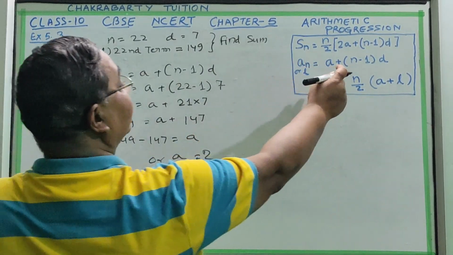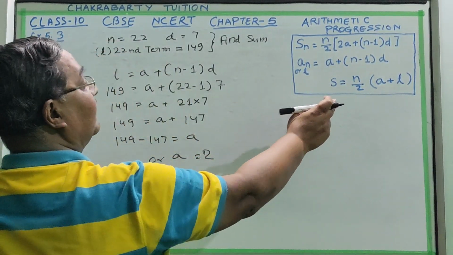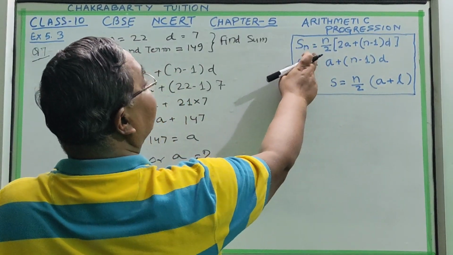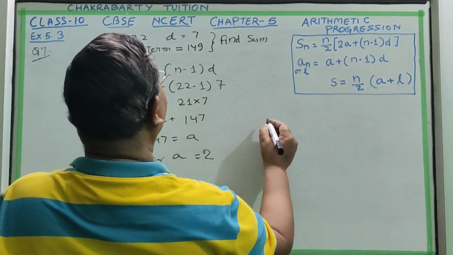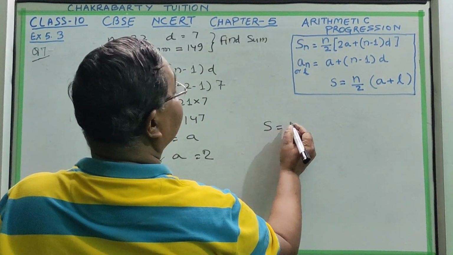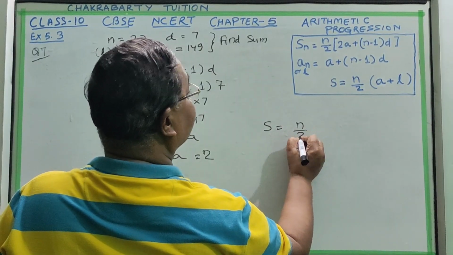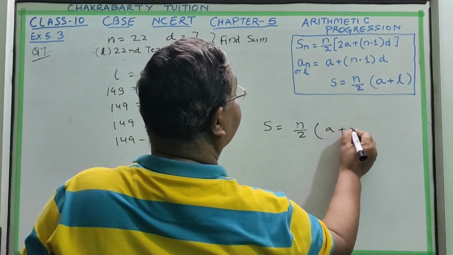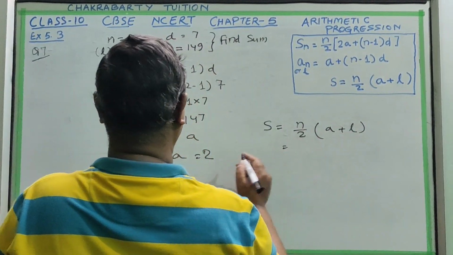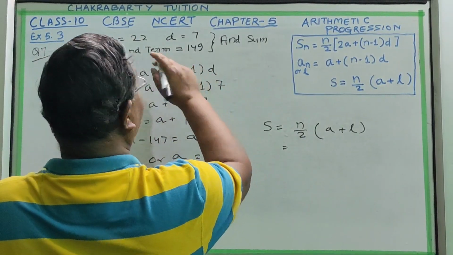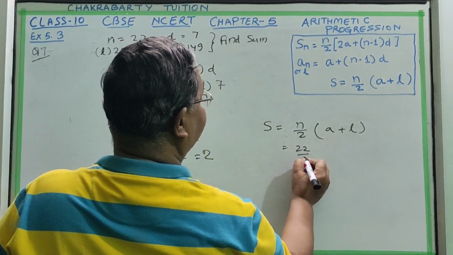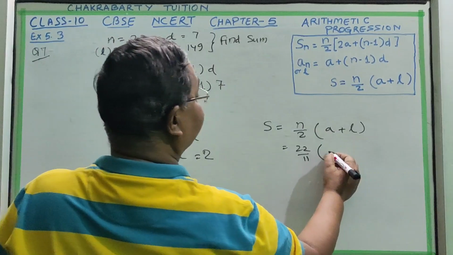Now we can find out the sum. Sum with the help of this also we can find out. Now the sum of the series. Sum is equal to n upon 2 (a plus l). So n is given in the question, 22, and 22 by 2 is 11.